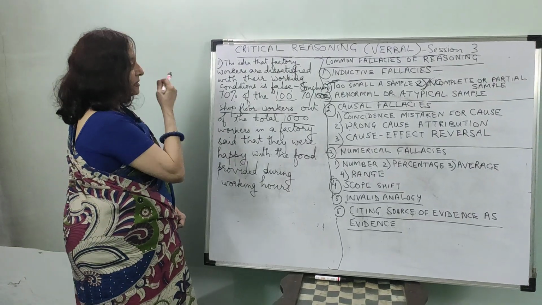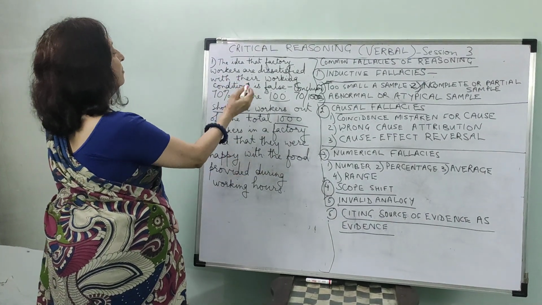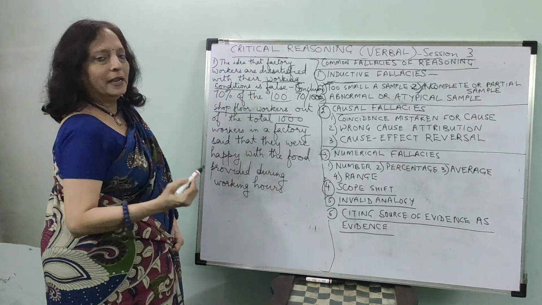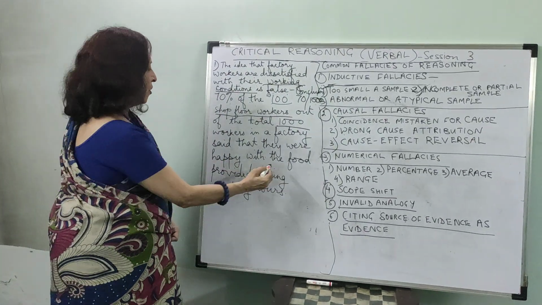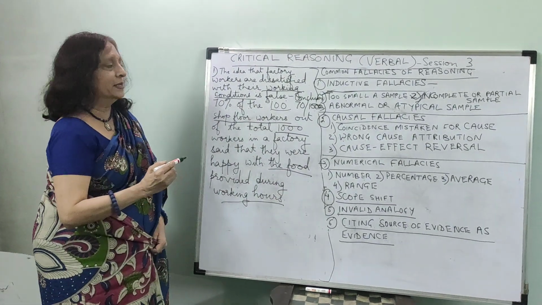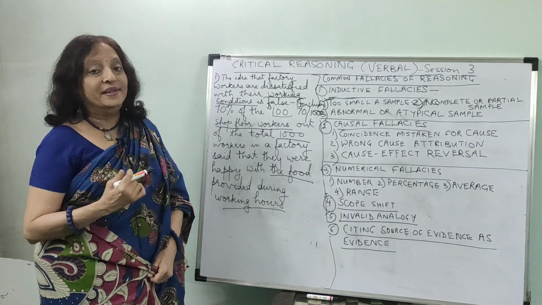And finally, it is again a partial sample because working conditions includes many other factors apart from food provided during working hours. Maybe it is not well lit, maybe it is not well ventilated.